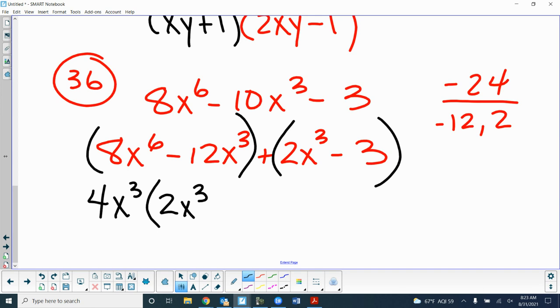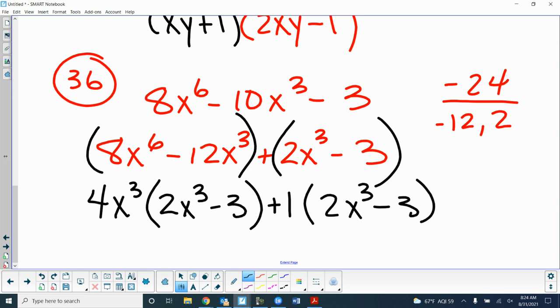And what's negative 12x cubed divided by 4x cubed? Negative 3. What's common to those 2? Nothing, but what do I have to put? 1. That's where we make a mistake sometimes. We don't put anything. We have to put the 1, so we have a number in front of this parentheses.